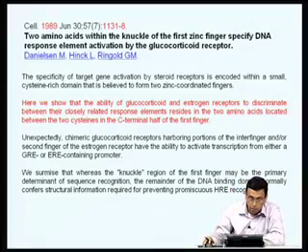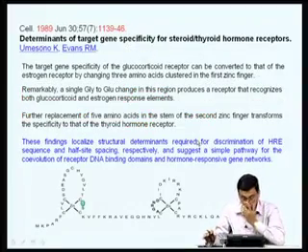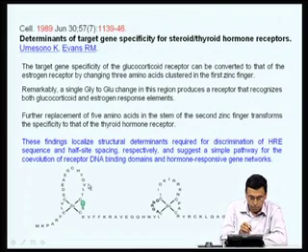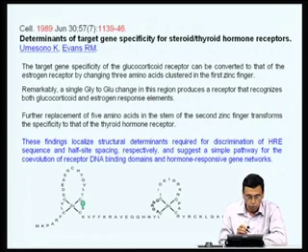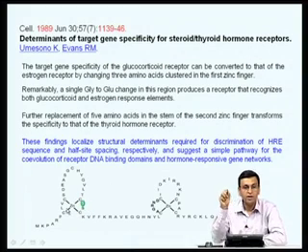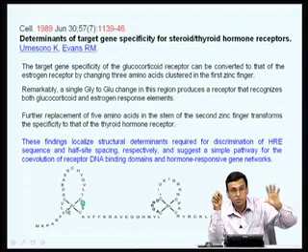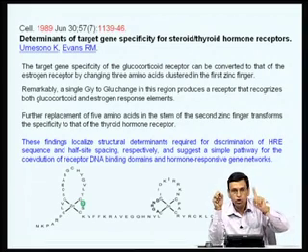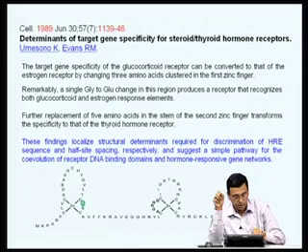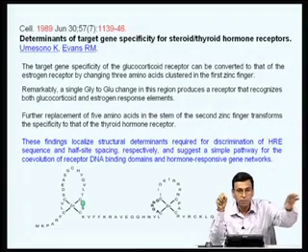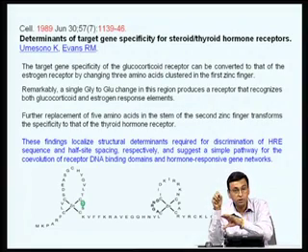A similar paper was published in the same issue of Cell, again from the Ron Evans group, where they showed that by simply changing a glycine residue to glutamate in the base of the first zinc finger in the P box, you can convert a glucocorticoid receptor to an estrogen receptor with respect to DNA binding specificity. So if we simply mutate one amino acid, glycine, to glutamate, instead of recognizing a glucocorticoid response element, the receptor will recognize an estrogen response element.